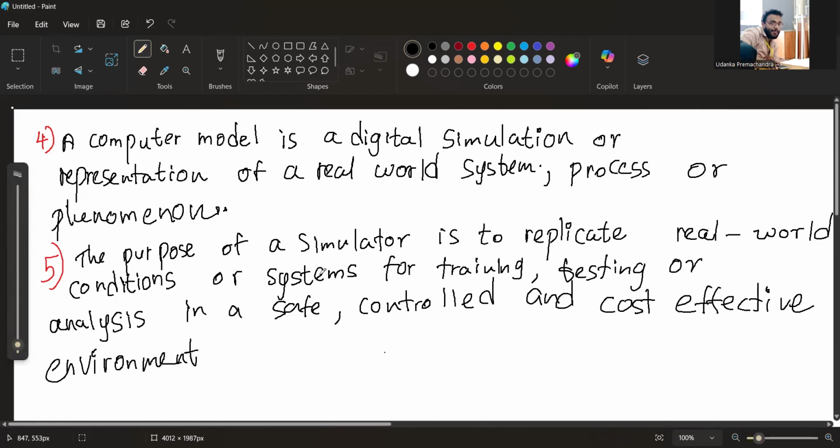The best example is what? Flight simulator. Before you use a real flight, it's better to practice in the flight simulator. The pilots and the staff can practice with that.